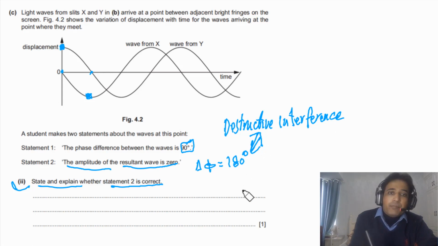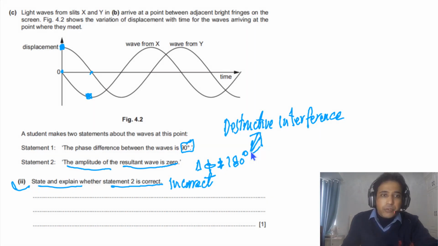That phase difference is not equal to 180 degrees, so this statement is incorrect. So first we need to write down that the statement is incorrect, then we need to explain why, because the phase difference is not equal to 180 degrees.